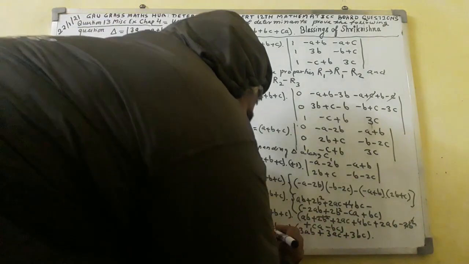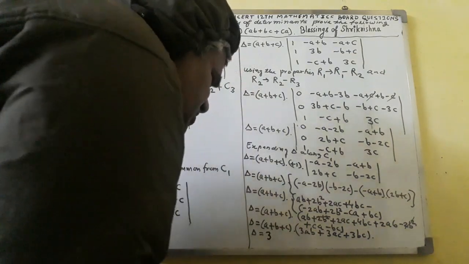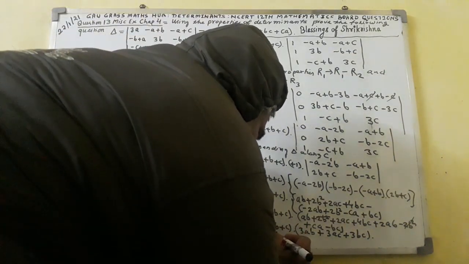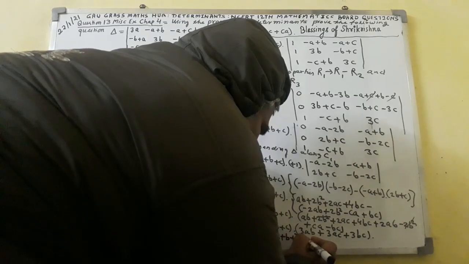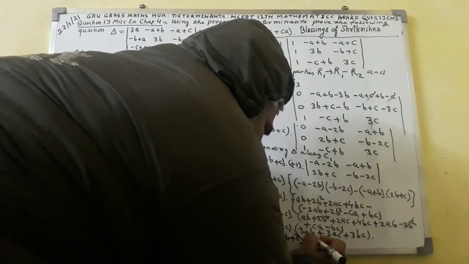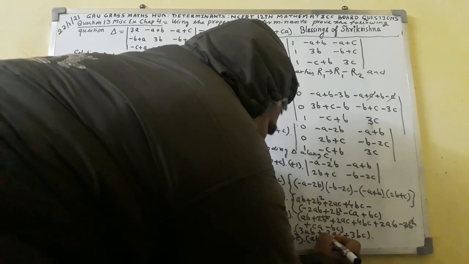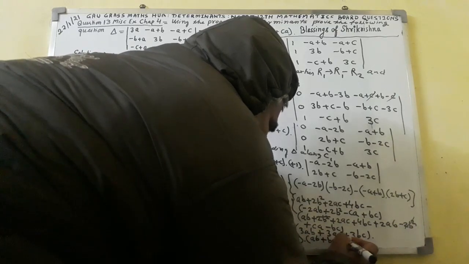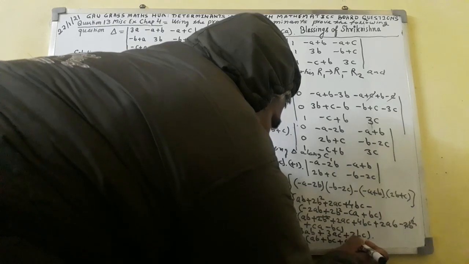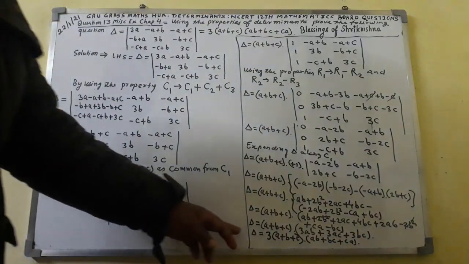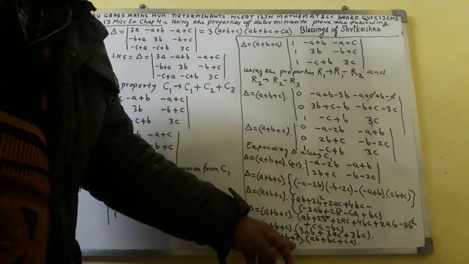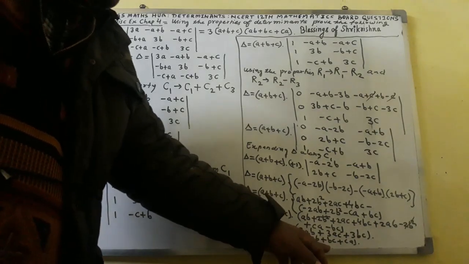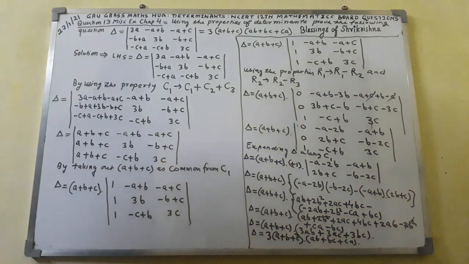So here take 3 as common. Write here 3. In bracket it will become A plus B plus C. Another bracket you will get AB plus BC plus CA. That is equal to 3 dot in bracket A plus B plus C bracket close dot AB plus BC plus CA you have got.